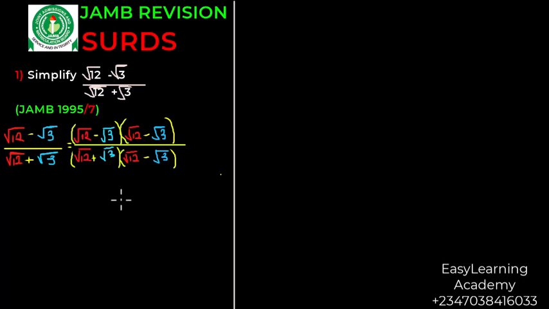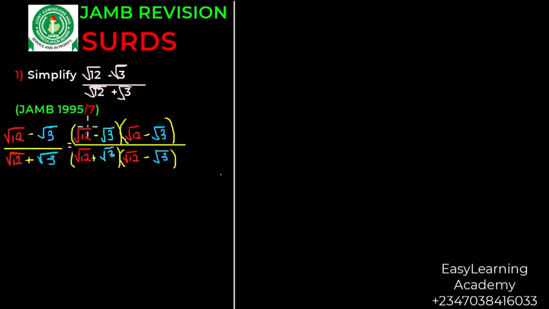Getting to work, that implies that we multiply both the numerator and the denominator by the conjugate of the denominator, and here we have the conjugate. This is the path of our multiplication.